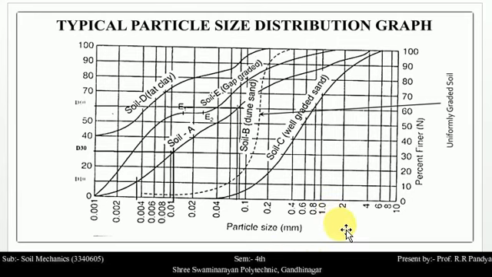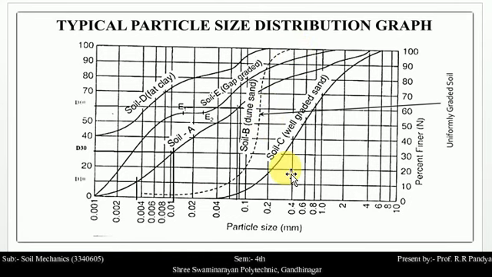Now this is the image of different gradation graphs, taken from IS 1498-2000. If the soil sample curve is in the shape of an S and all the particles are of similar size, it is considered uniformly graded soil. It has a narrower range of particle sizes as compared to others, so it is called uniformly graded soil.